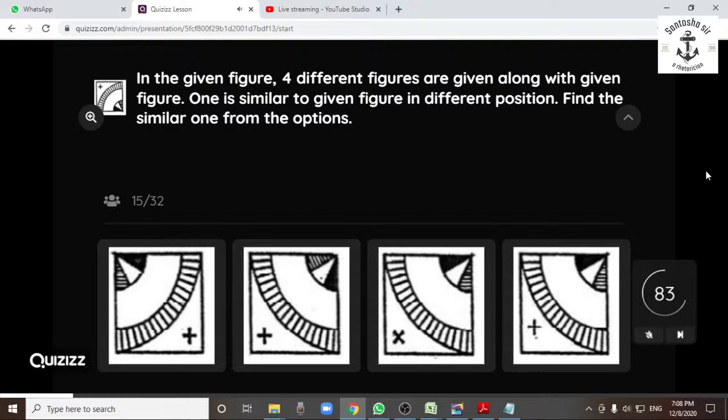Annapurna. 65 seconds more. 25 members already answered out of 32.